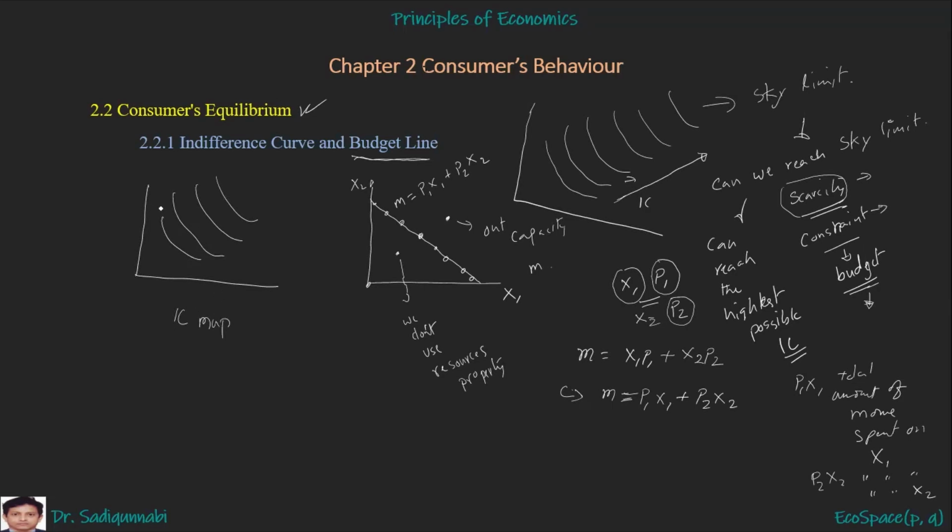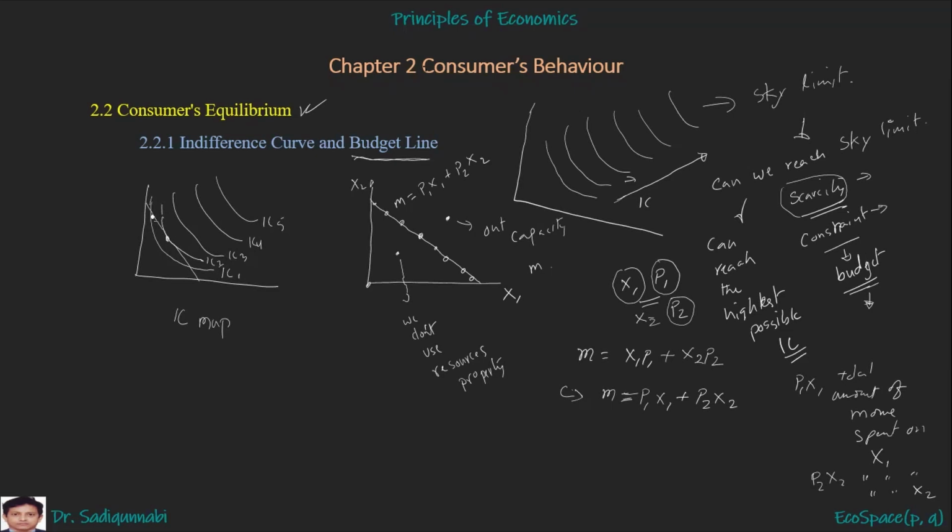Suppose this is our budget line, and suppose there are ICs here: IC1, IC2, IC3, IC4, IC5. The maximum IC we can reach is IC2. Here you see the maximum is IC2.